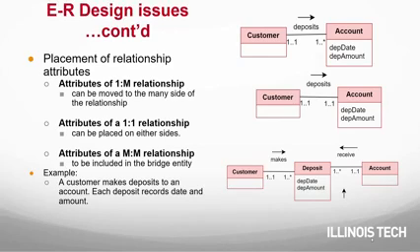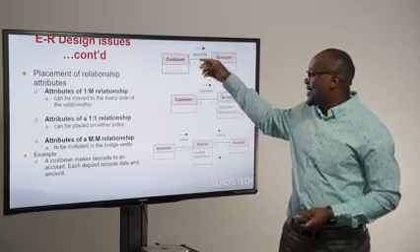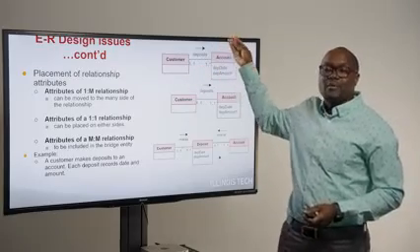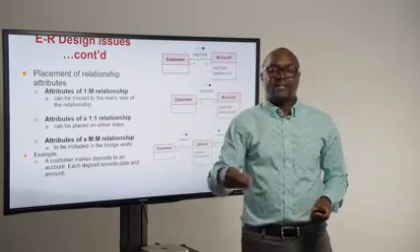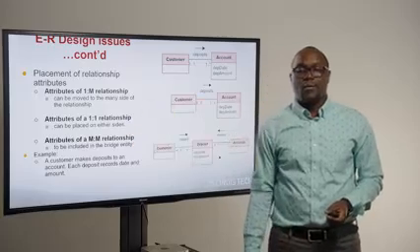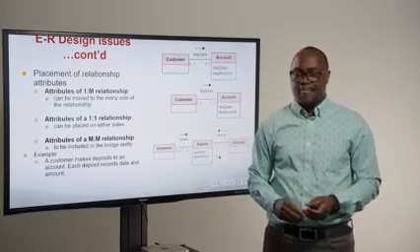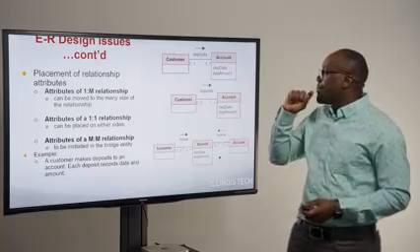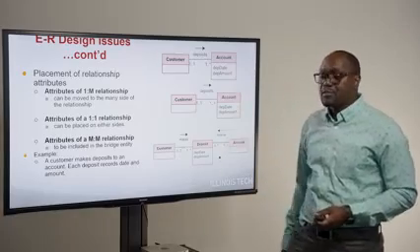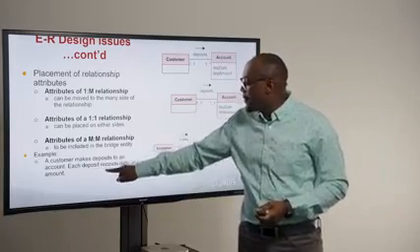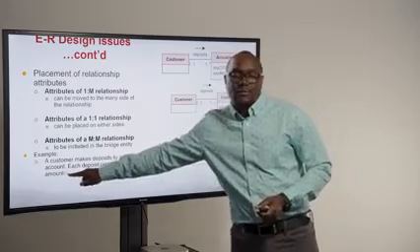What does it mean? If you ever get such a scenario, you're going to look at the type of relationship. For example, a customer makes deposits, and these can be at least one deposit, or more than one deposit. And where do we place the attributes? The attributes in the relationship are date and amount.